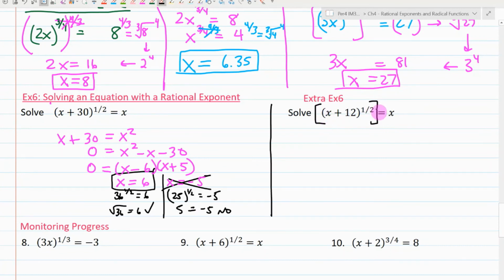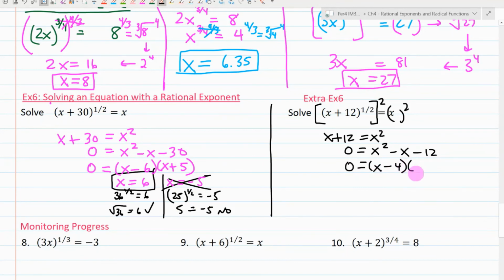All right, so we're going to square both sides because that's the reciprocal of that. X plus 12 is equal to x squared. So set that equal to 0. The only reason we get to factor this in one step is because that's a 1x squared. All right, so checking these, the first one, put in a 4 here, and a 4 here.